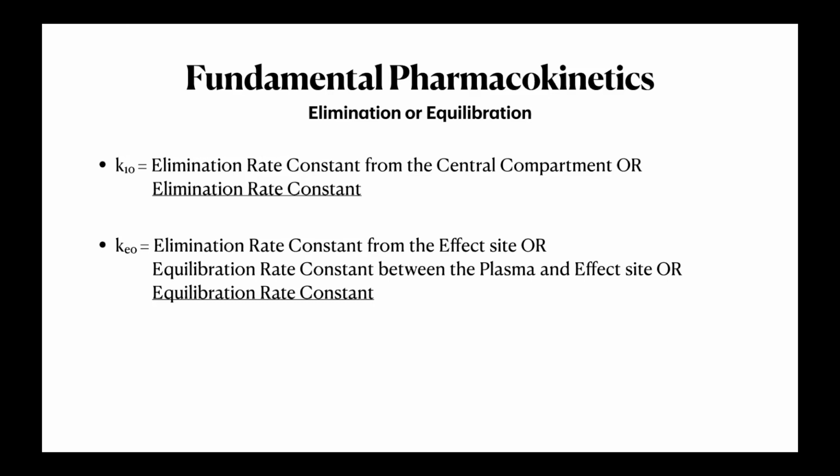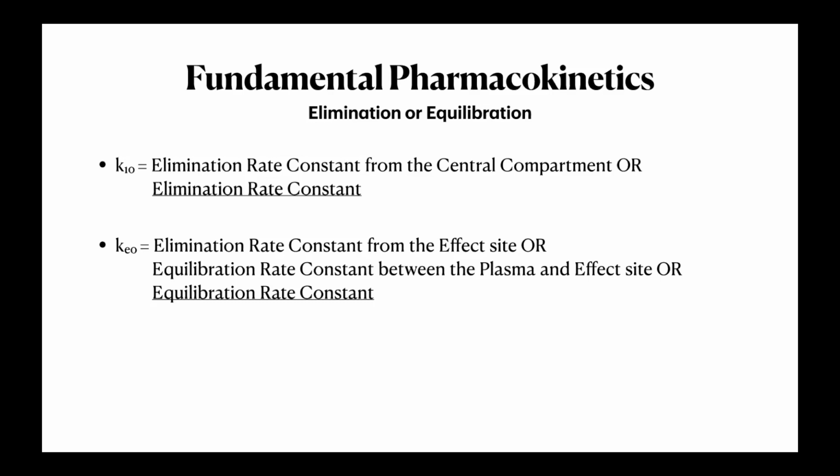And finally, is it the elimination rate constant or equilibration rate constant? This is why it's called both. So K10 is the elimination rate constant from the central compartment. Traditionally, it's just been known as the elimination rate constant. KEO is the elimination rate constant from the effect site, or the equilibration rate constant between the plasma and effect site.